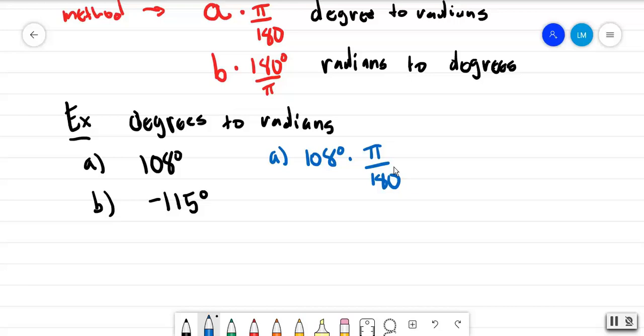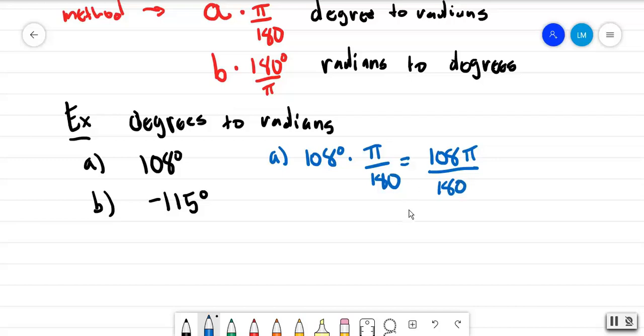When you multiply through, the degrees cancel out, and you end up with 108 pi divided by 180. There's more to that though, because 108 and 180 have a common factor, which in this case is 36.